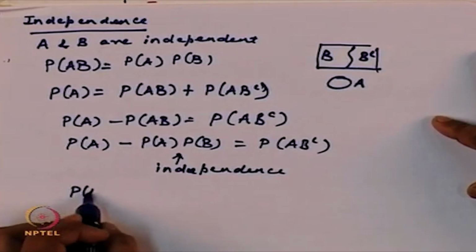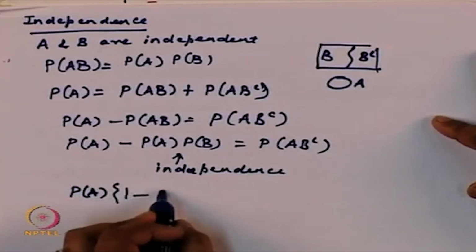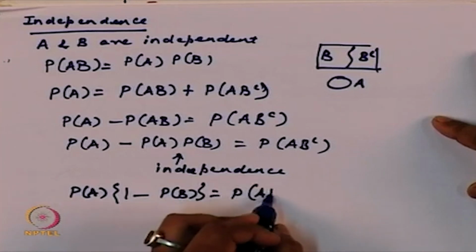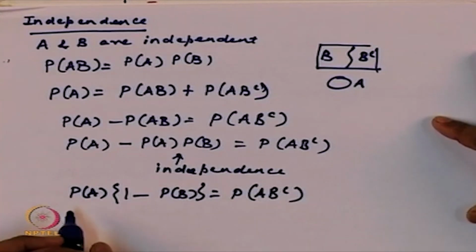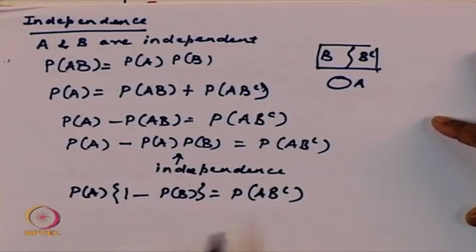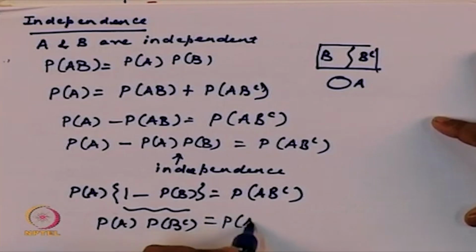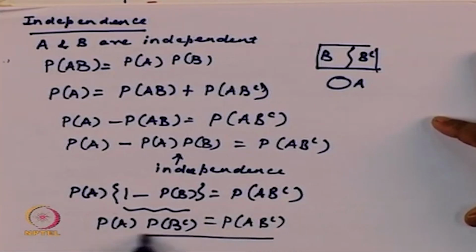So I can write this as PA into 1 minus PB equal to P of A B complement. And what is 1 minus PB? It is simply PA into P of B complement, equal to the probability of A B complement.